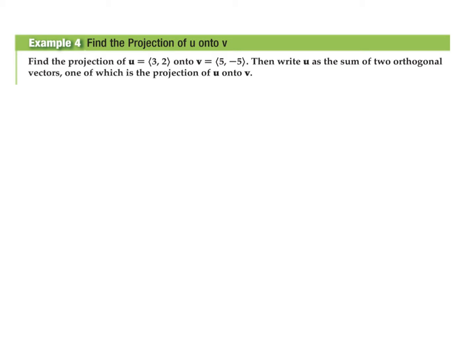First up, we need to go ahead and find the projection of u onto v. By definition, the projection of u onto v, if you think of it like u sitting on top of v, so v is the lower one, if that helps you think about it, is the dot product of u and v over the magnitude of vector v squared, all times vector v.